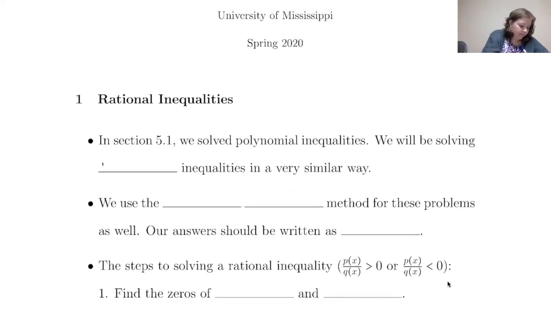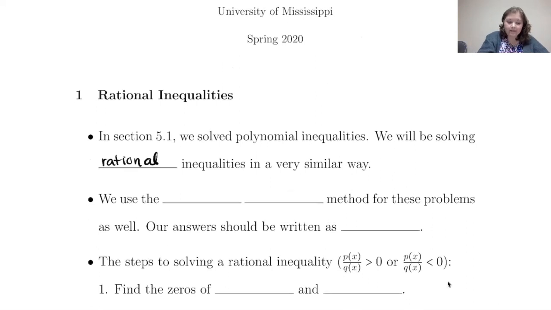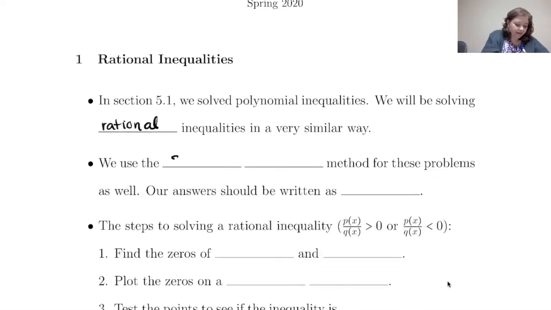So like I just said, the rational inequalities are solved the same way as the polynomial inequalities, or at least in a very similar way. So we are using the sign test method, just like we did in 5.1. And we're also going to be writing our answers as intervals, just like in 5.1 as well.